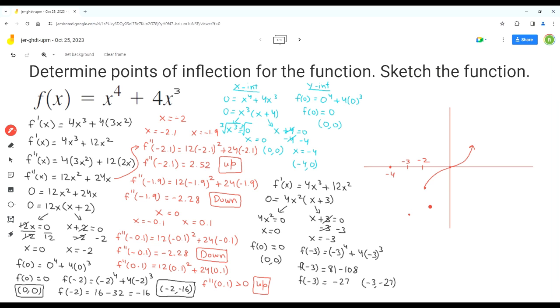Now if we analyze the x equals -2 point for concavity, to the right side of x equals -2, the curve is concave down, which we have shown, and then to the left side it's concave up. So we can show the curve extending all the way to the critical point at x equals -3. So we can see that there is a change in concavity at x equals -2.